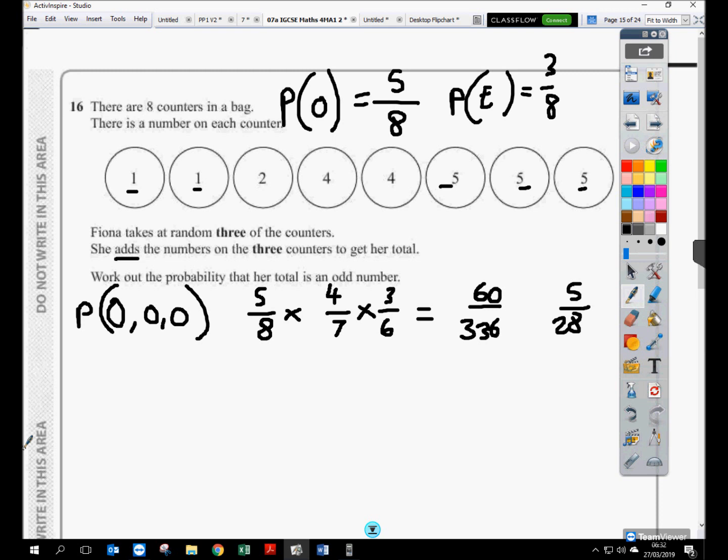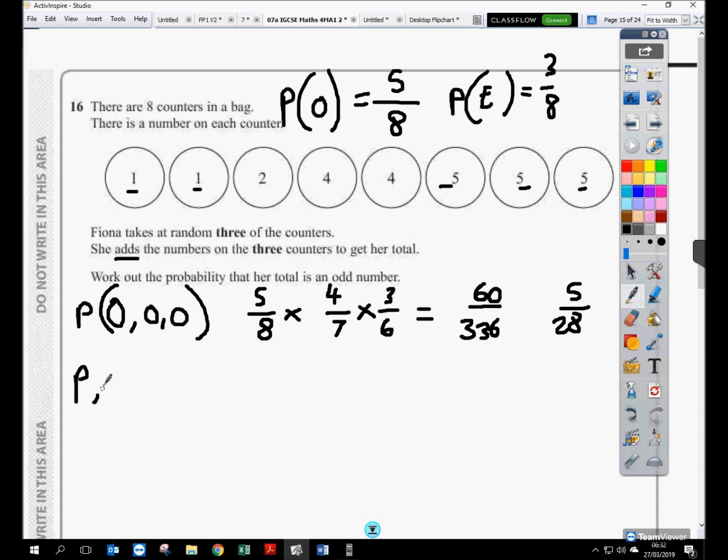Well, 3 evens will result in an even number. If you have two odd, one even, again you end up with an even number. But if you have two even numbers and just one odd number, then you end up with an odd number.